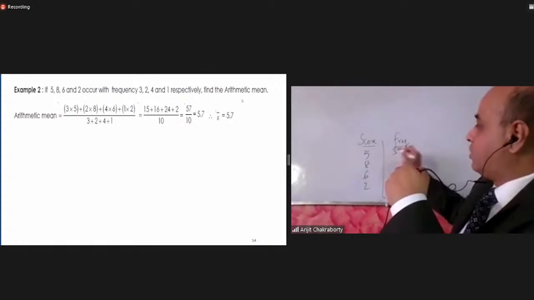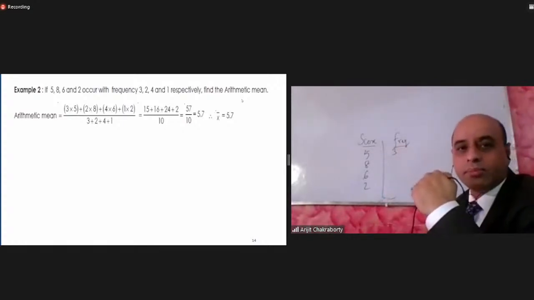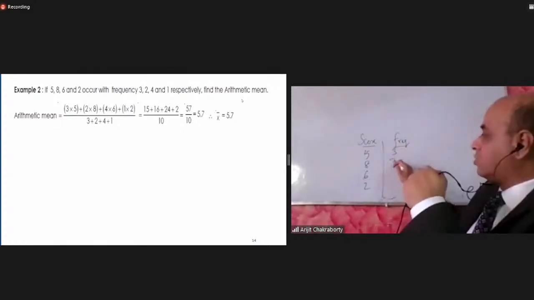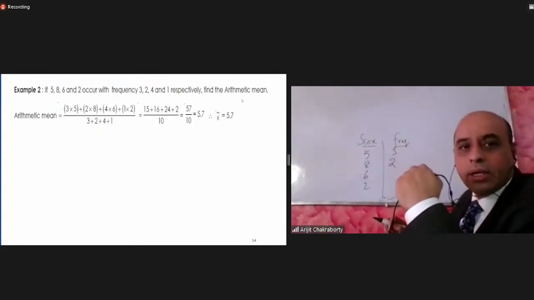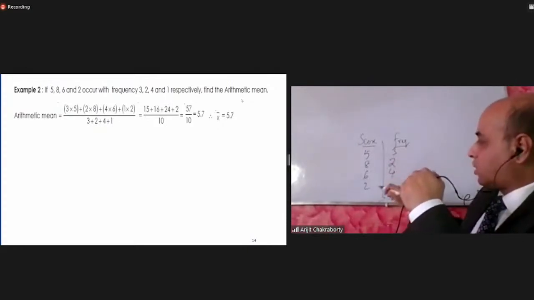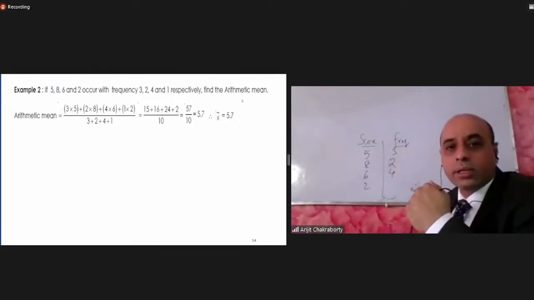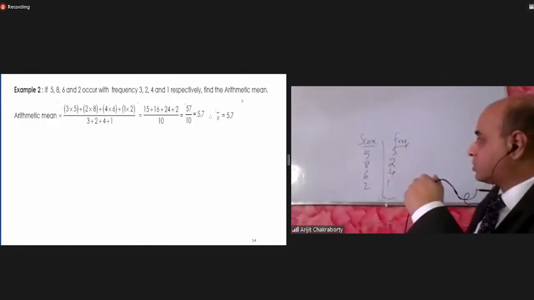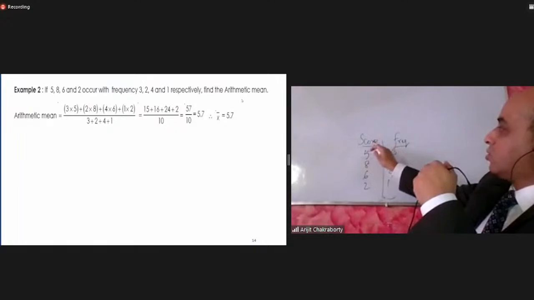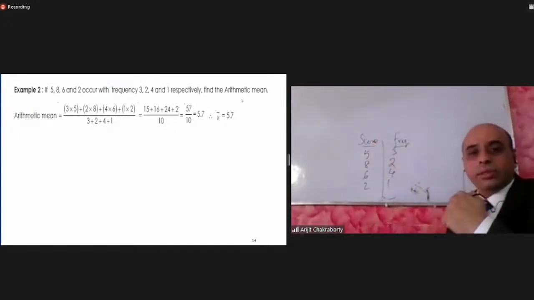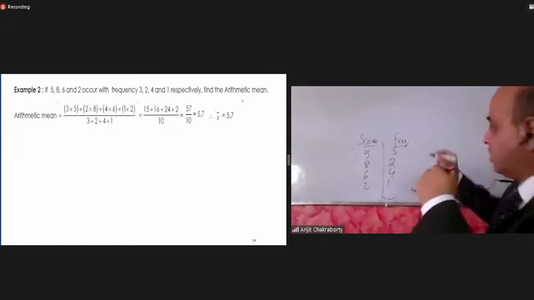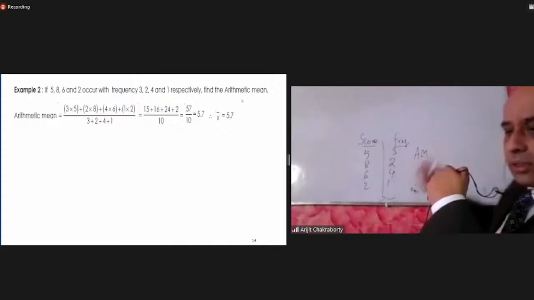The answer is 3 people. How many have got 8? 2 people have got 8. How many have scored 6? 4. And there is one person who has got 1 out of 10. So you can see the score and the frequency. In this situation, how to find the arithmetic mean? I'll just write it here.